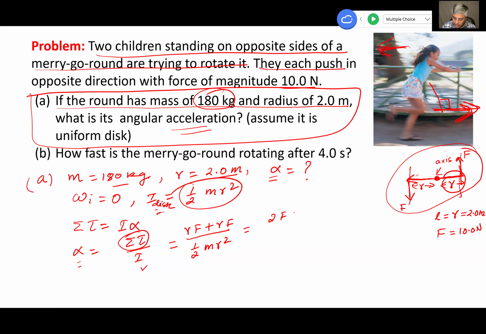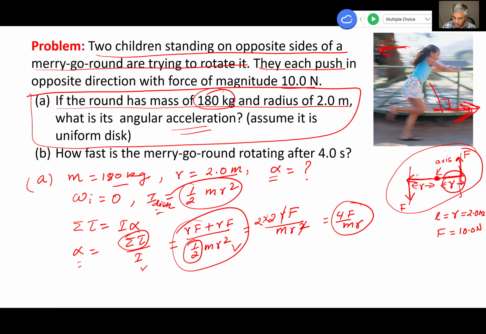And then there is this half, so the fraction of a fraction goes to the top and multiplies 2, and there is mr squared. One of the r cancels, giving us 4F over mr. This is easier to do arithmetic than this one here, but of course you can just do it here, okay? And the unit is going to be radian per second squared for this one.